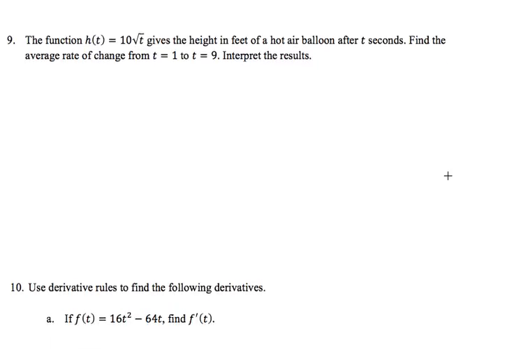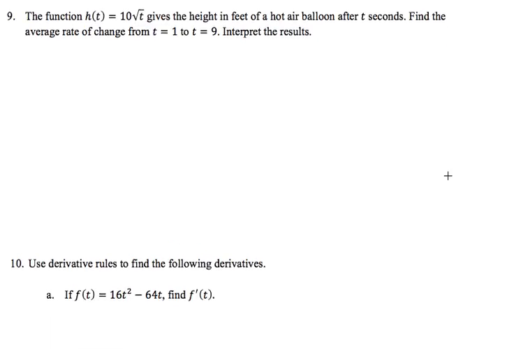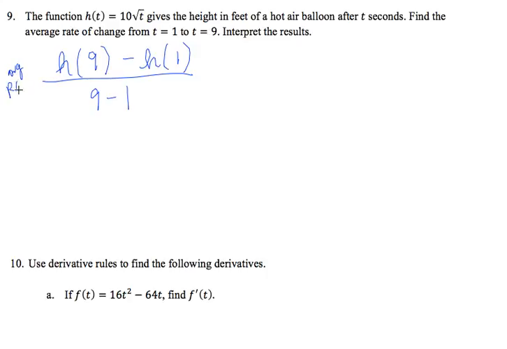And number 9, the function h of t equals 10 times the square root of t gives the height in feet of a hot air balloon after t seconds. We want to find the average rate of change of h from t equals 1 to t equals 9. So that means find h of 9 minus h of 1 over 9 minus 1. That would be the average rate of change over that time period.